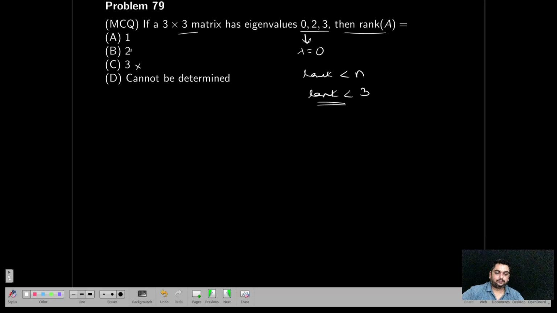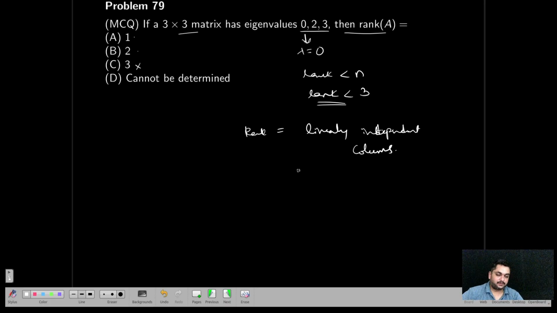Now, what about 2? What exactly does rank say? Rank is the number of linearly independent columns. So, there are three distinct eigenvalues.